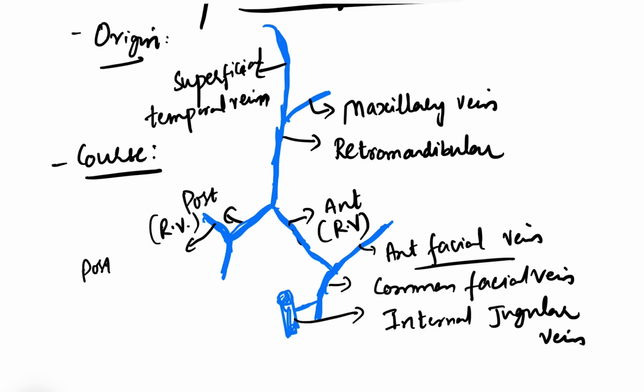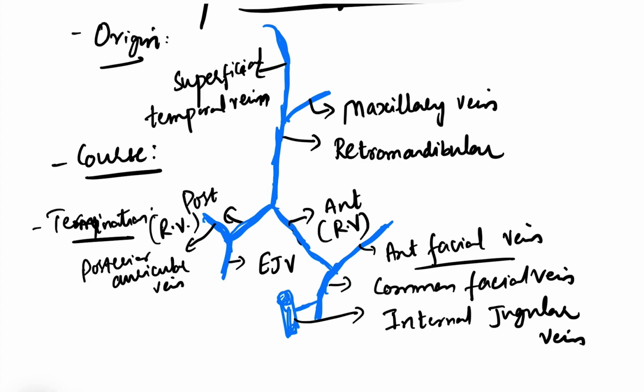So the posterior auricular vein merges with the posterior division of the retromandibular vein to ultimately form the external jugular vein. So this is the course and the termination of the retromandibular vein.